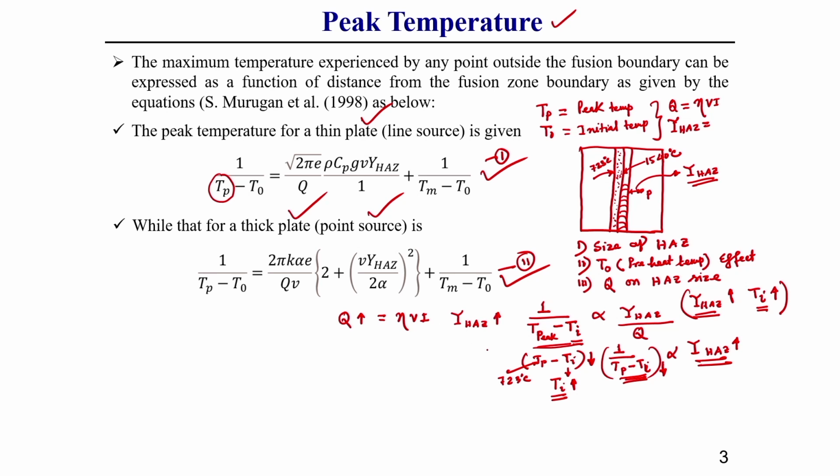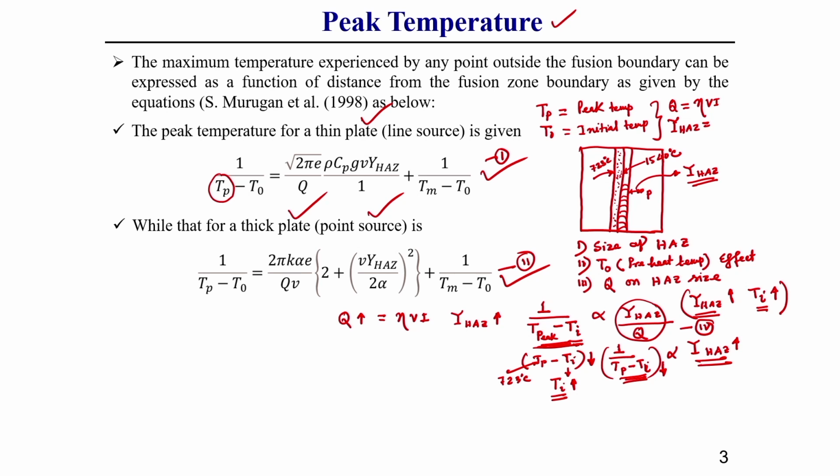Net heat input increasing means heat affected zone increases, which you can see from this equation number 4. Tp minus Ti is directly proportional to Q, or you can say your heat affected zone size is directly proportional to Q, because if you bring Q to the left side you will get Q proportional to Y.